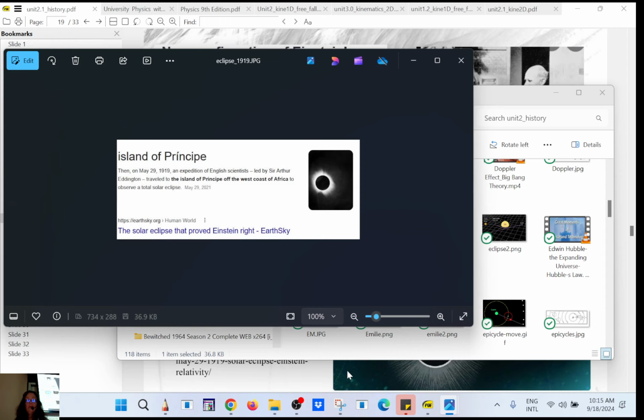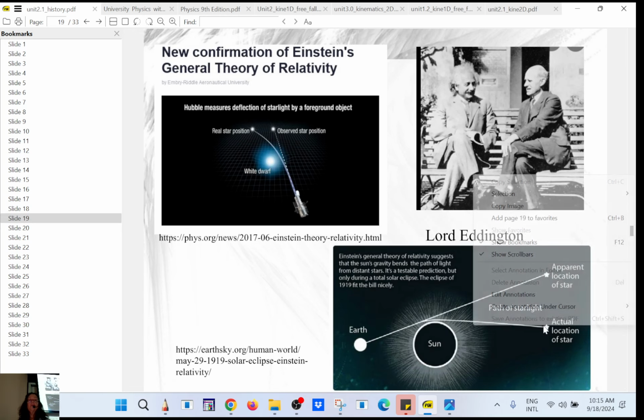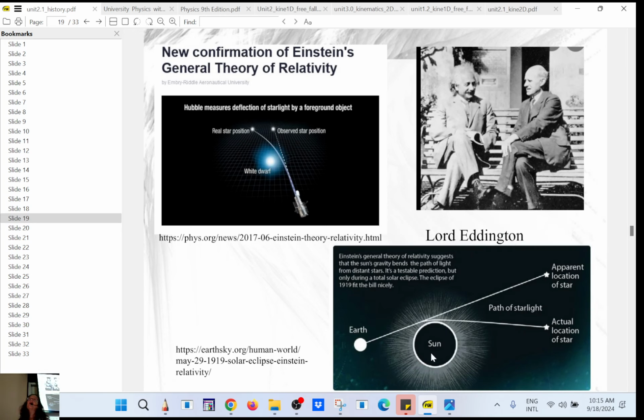So Sir Eddington, who was British, a very famous astrophysicist, organized everything, got the money, and went to this island and was able to observe that eclipse. So what's so special about this eclipse is that you see the Earth is here, this is the sun, right? And the sun was shielded by the moon, right? It's a total eclipse.